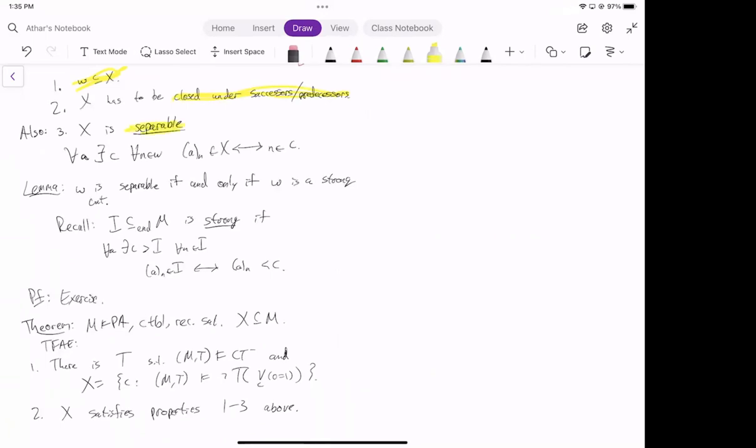Again, for the 1 implies 2 direction, it's pretty clear that properties 1 and 2 are necessary, and then if you add in the third one, separability, you do get an equivalence. That's the idea.